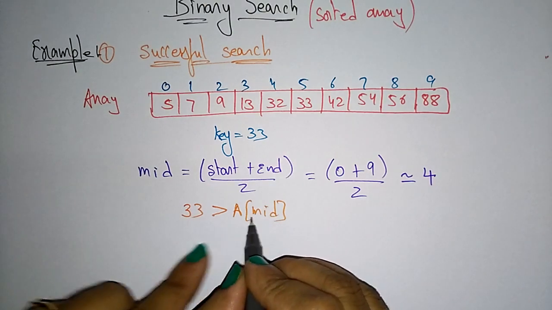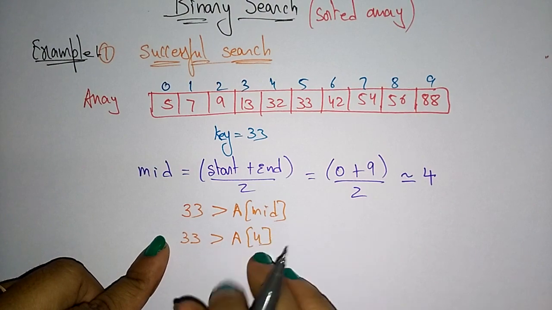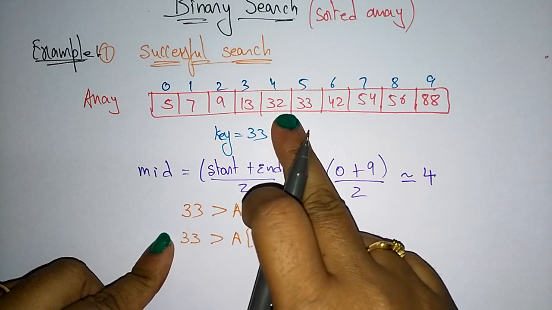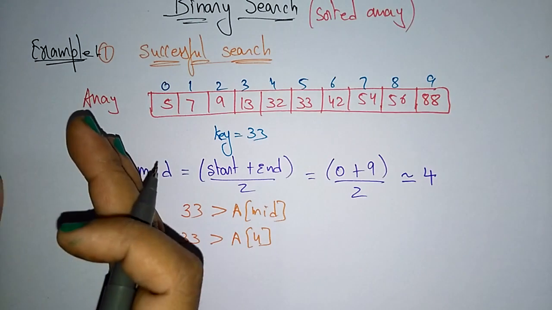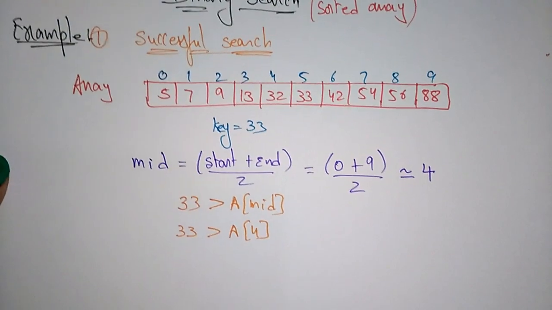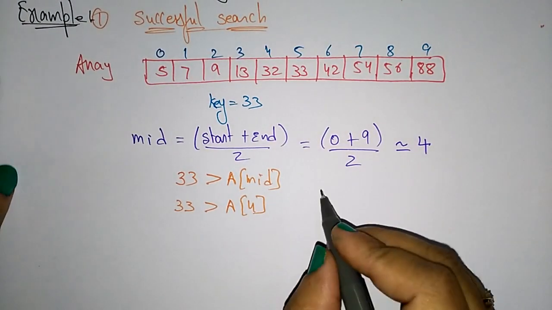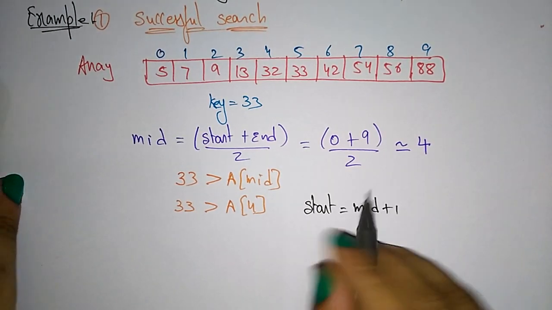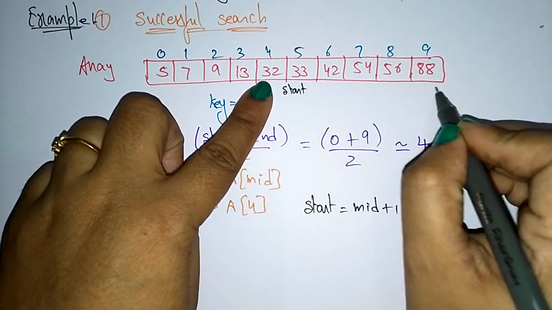A of 4 is 32, but the search value we want is 33. 33 is greater than A of 4, so we have to skip the left side. That means start is equal to mid plus 1. Now the start will come here, this is the start and this is the end.